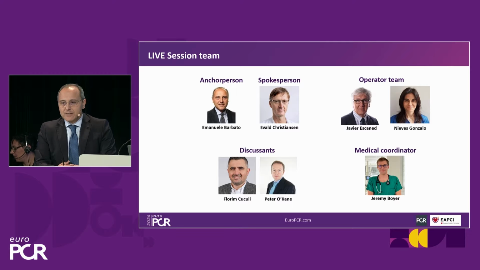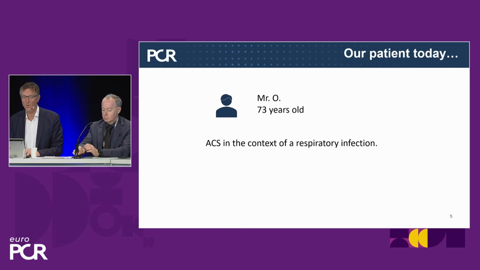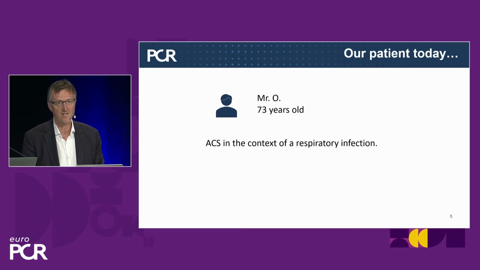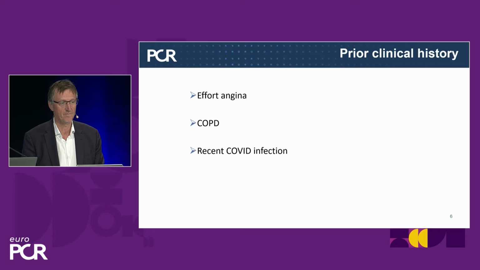I have the honor of introducing you to the live case that is set up for you today. The case is a 73-year-old male, ACS, in the context of respiratory infection. He had effort angina up to this event. He had COPD and a recent COVID infection. Conventional known risk factors and ACS with only mild troponin elevation.